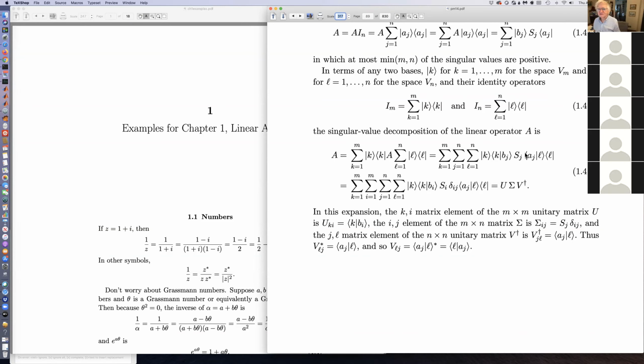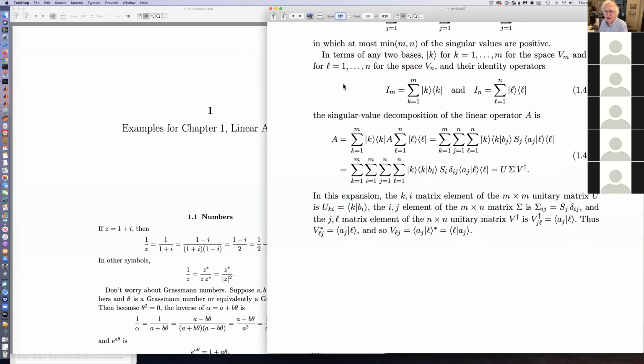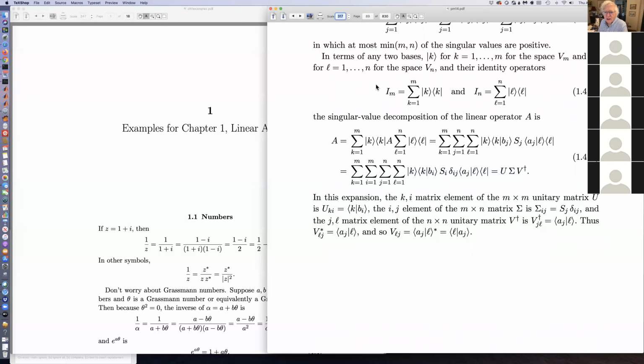And so I told him I had written this book, and he came up to me very aggressively and said, did you include this, did you do the singular value decomposition? And I said, yes. And I think he was surprised because singular value decompositions aren't that common in physics departments, but they should be.